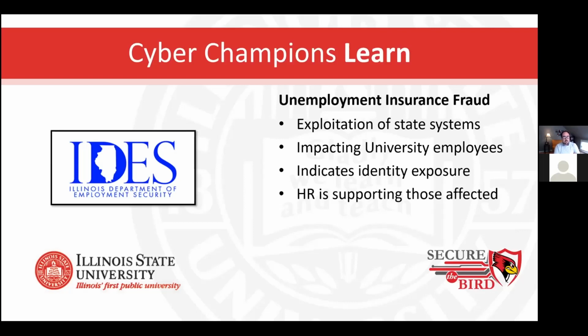Whenever that occurs, HR is supporting those affected. If you think this might have impacted you and you haven't heard from HR, contact them immediately. You also can look on our website for the identity theft article that we wrote.